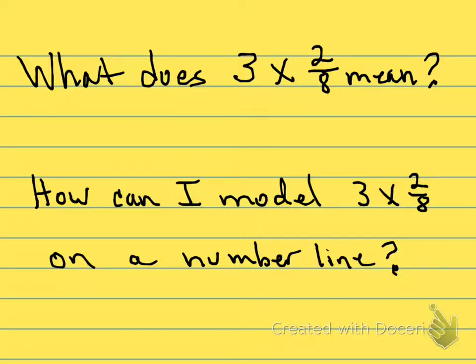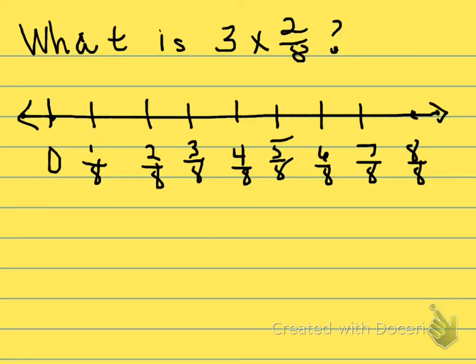How can you model 3 times 2/8 on a number line? We're going to create a number line and see how you can use it to help you model this equation. What is 3 times 2/8? I have created a number line here, and you'll notice that it goes from 0 on the left to 8/8 on the right.